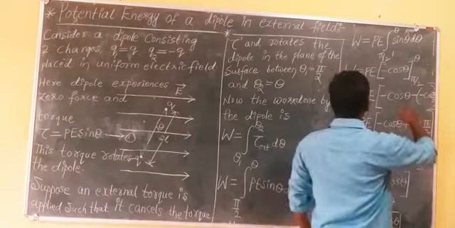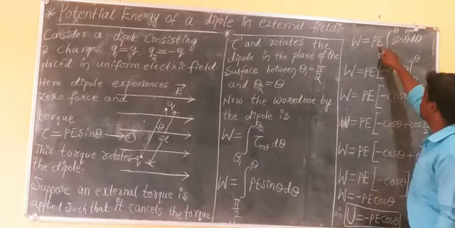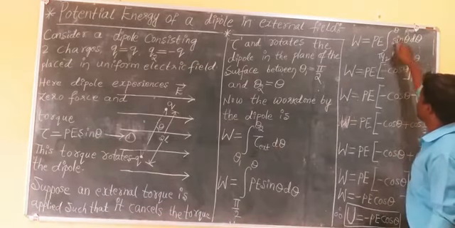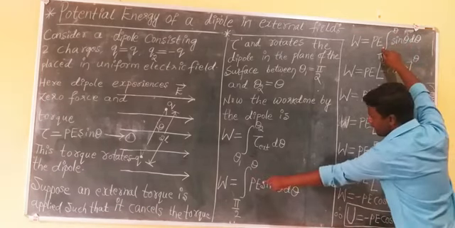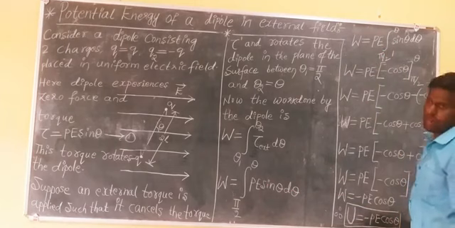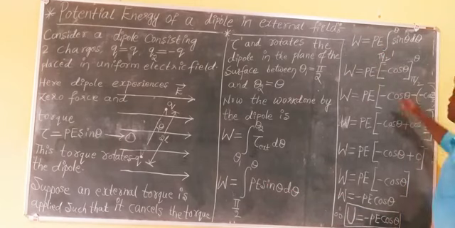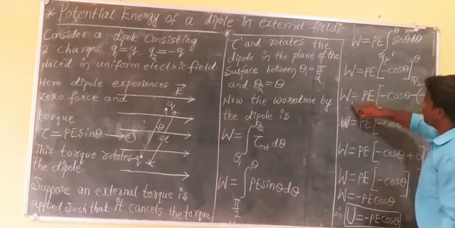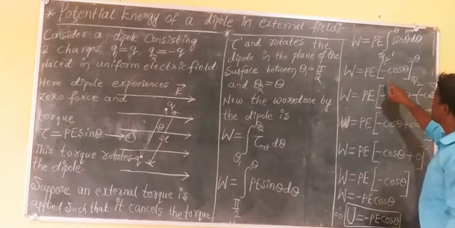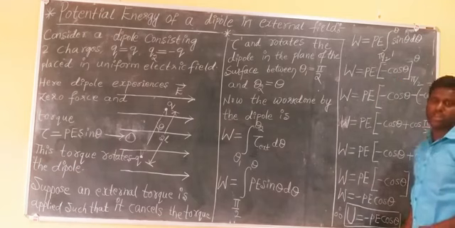So W equals P E into integration from pi by 2 to theta of sin theta d theta. I am taking PE outside; P is the electric dipole moment, E is the electric field. The integration of sin theta is minus cos theta.